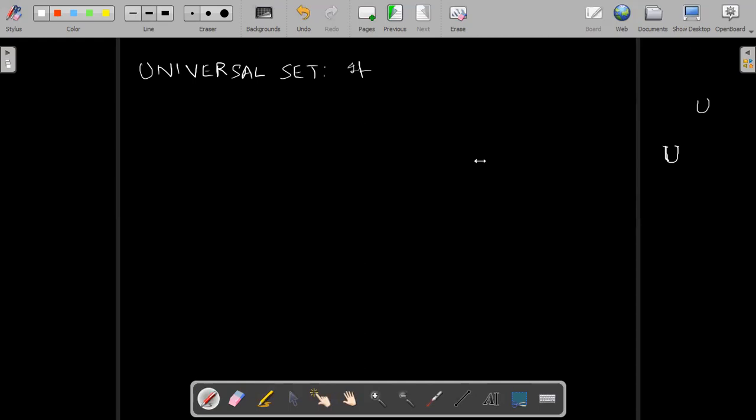All sets taken into consideration are subsets of the universal set. This is the biggest set here. Universal set is that set in which all other sets are contained. Biggest set in which all other sets are included.